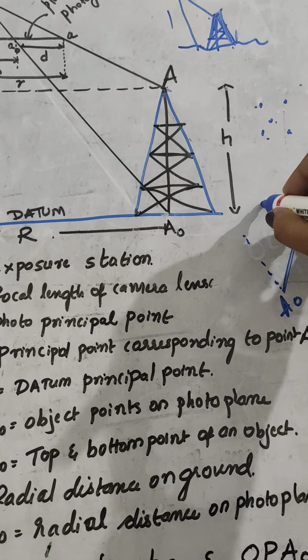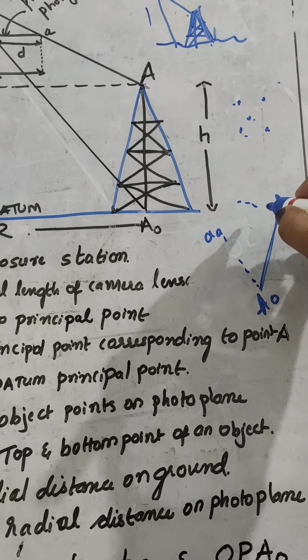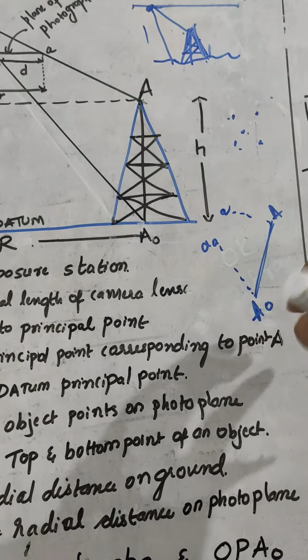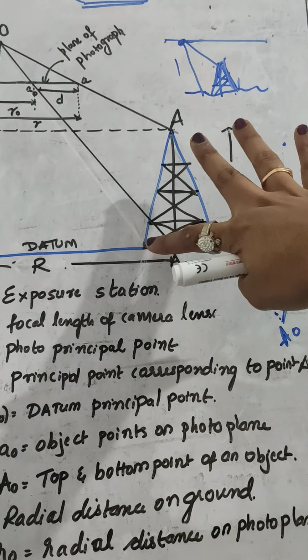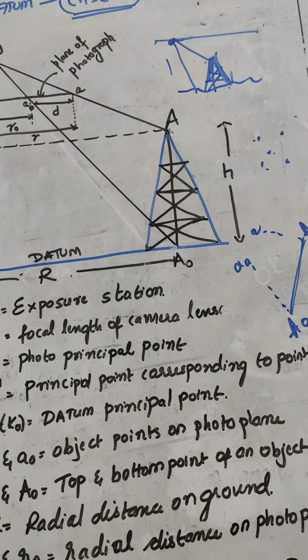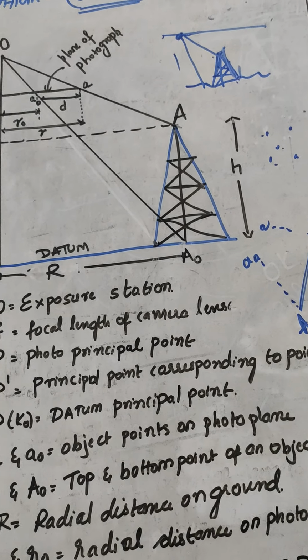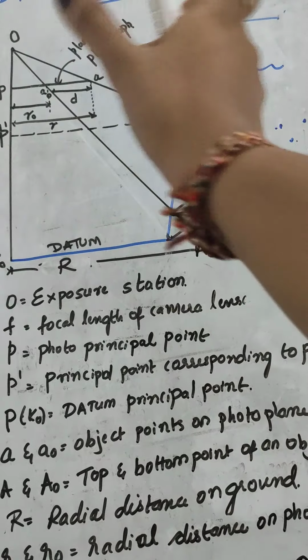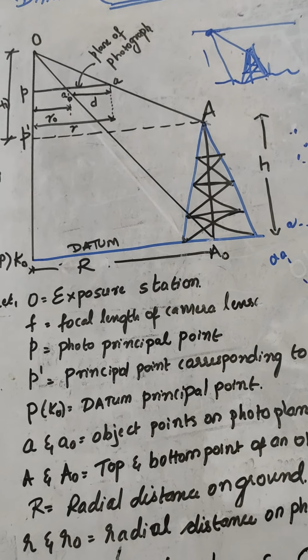In the photo plane it is small a naught as well as small a. That is what is projected. This side is projected on the photo plane. That itself is a displacement. Displacement of these points on the photo plane is called relief displacement.